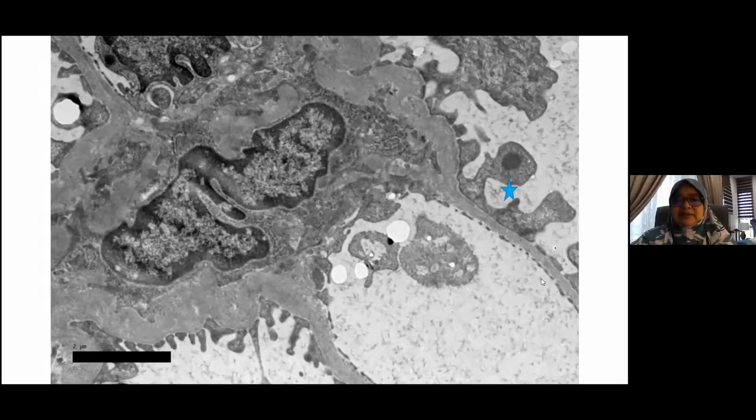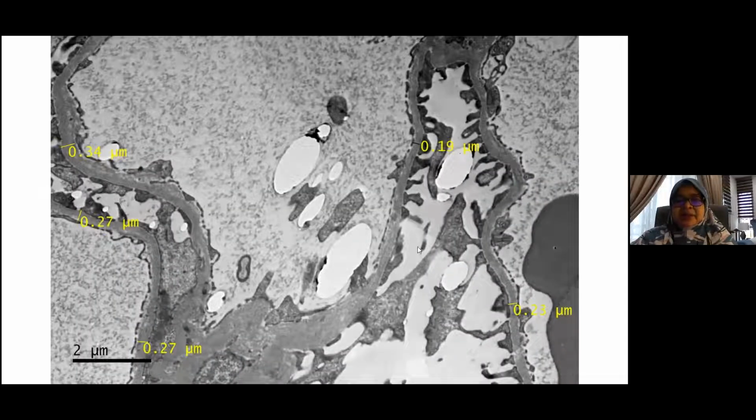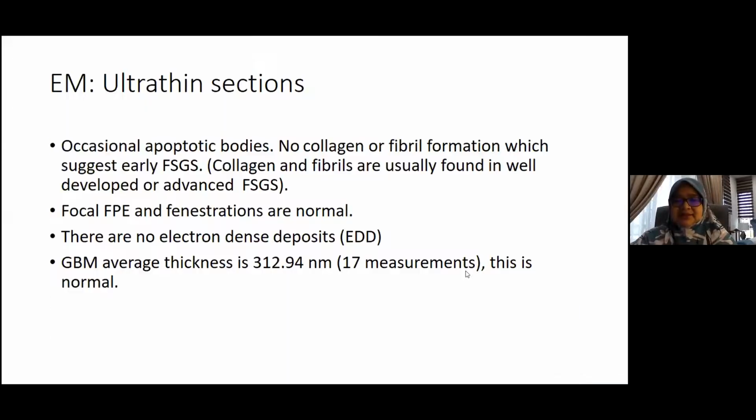Okay, so this is one capillary loop with a fenestrated endothelium. We don't see any electron dense deposit. These are the extensions of the cytoplasmic processes of the mesangial cells. And the thickness on average is normal, and in crude assessment it appears to have regular thickness.